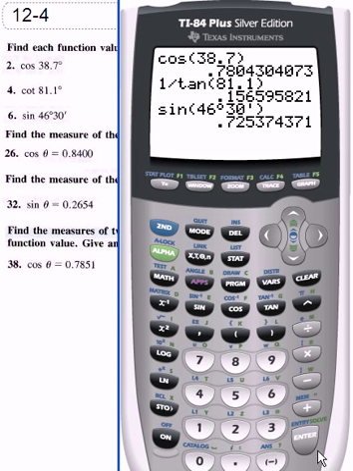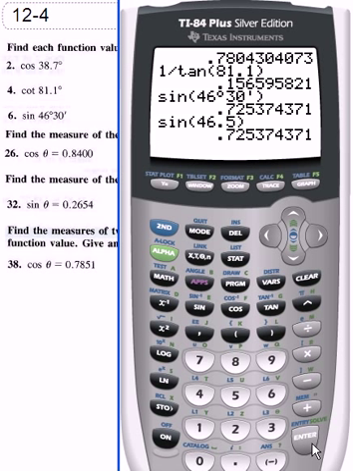And there's the answer there. We should actually realize that 46 degrees in 30 minutes is the same as 46.5 degrees. So we could check to see if we get the same thing if we put in 46.5. And we do.